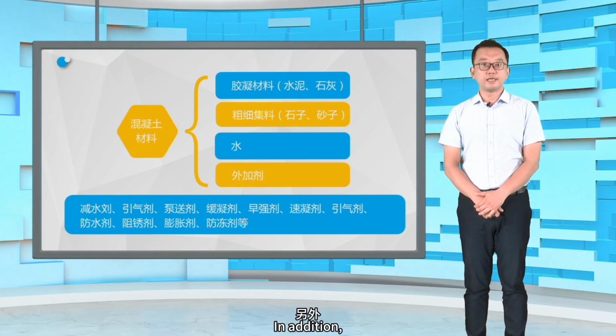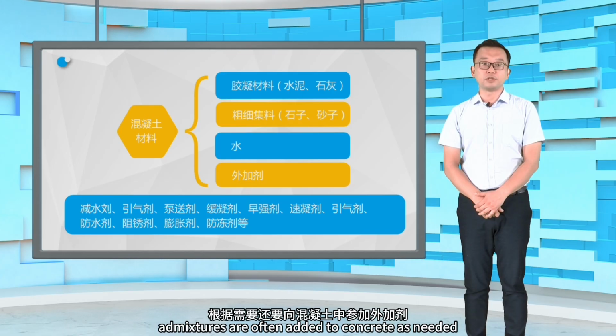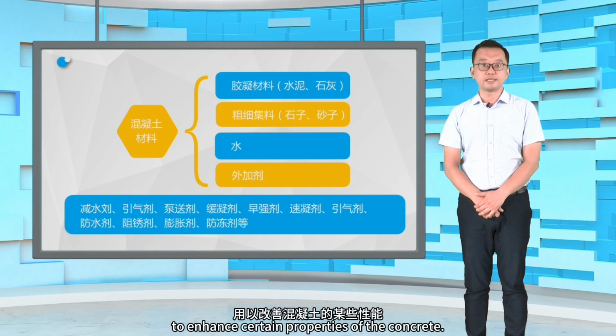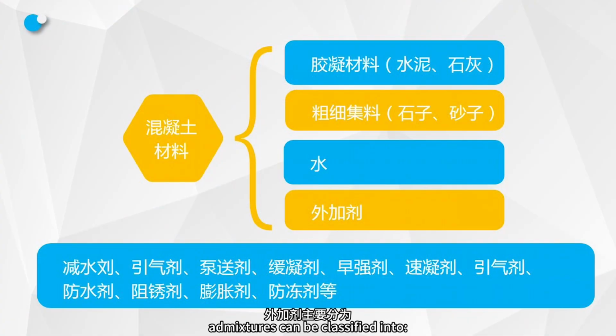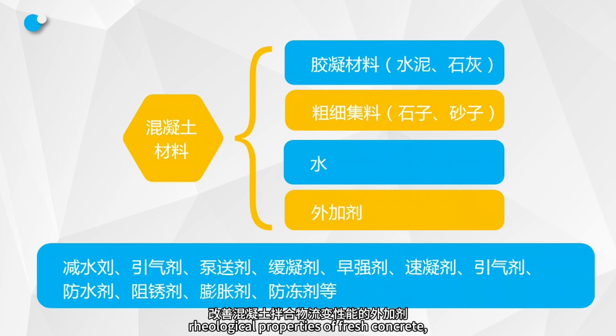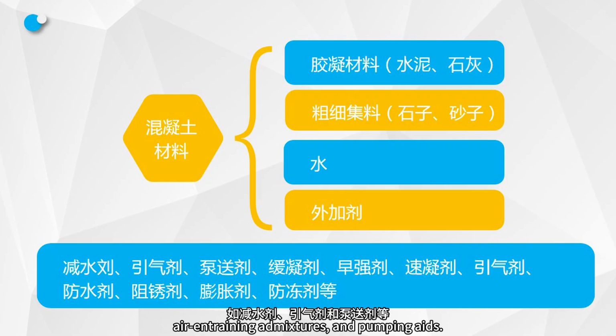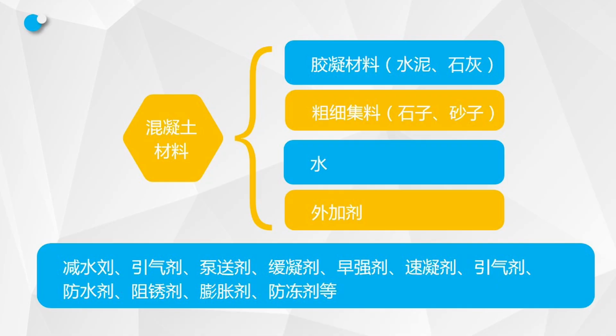In addition, admixtures are often added to concrete as needed to enhance certain properties of the concrete according to their main function. Admixtures can be classified into admixtures that improve the rheological properties of fresh concrete, such as water-reducing admixtures, air-entraining admixtures, and pumping aids.